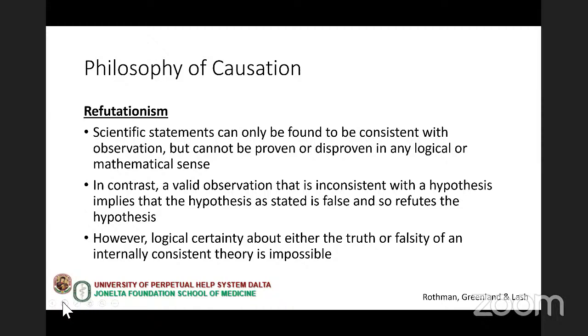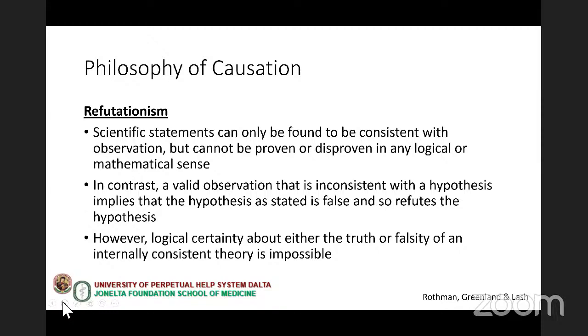Okay, what are some examples? Can you think of anything? The presence of, for example, air. Air is around you, but can you prove its existence? It cannot be proven by any logical or mathematical sense. You cannot touch it. Okay?